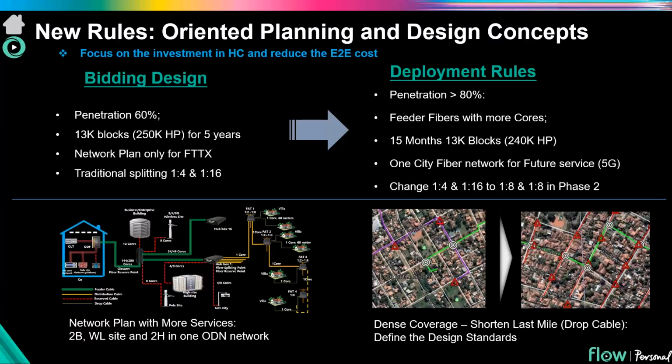Besides, the split ratio was optimized from the traditional 1:4 and 1:16 to 1:8 and 1:8, which can greatly shorten the distance to the home, improve the installation efficiency, and reduce the investment of home connection.